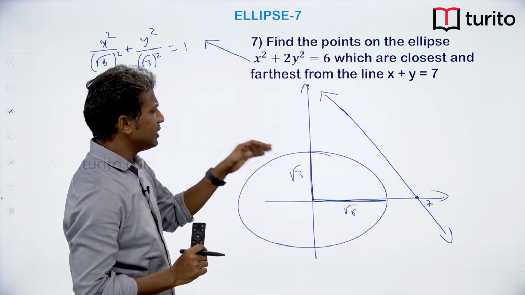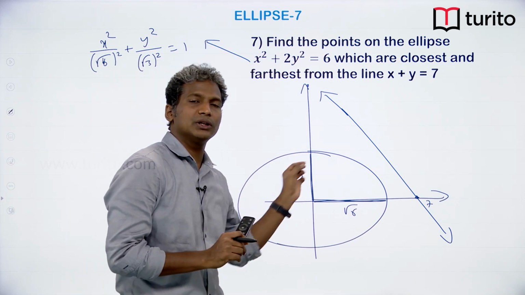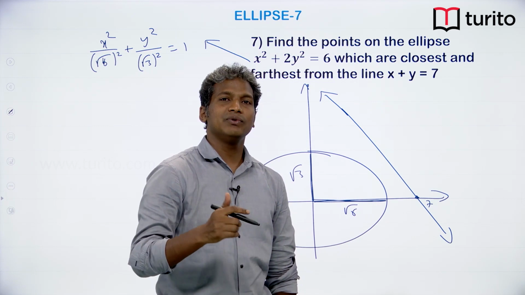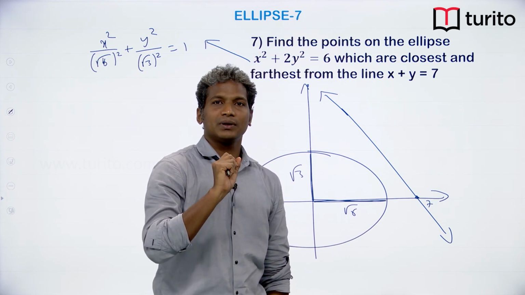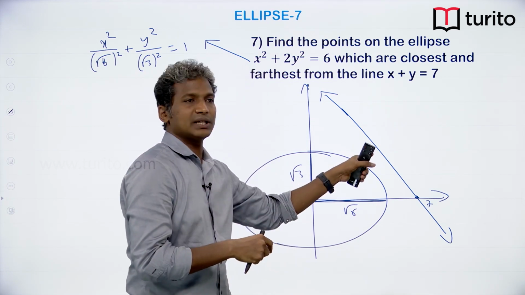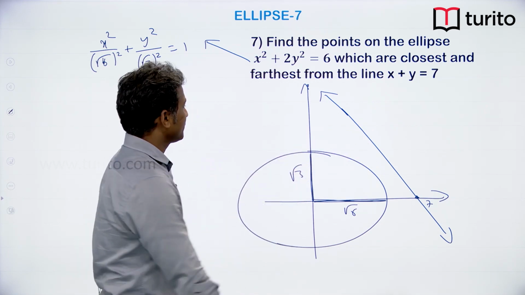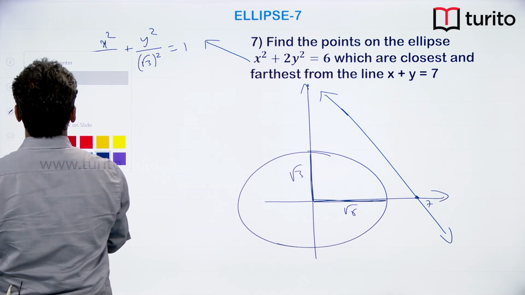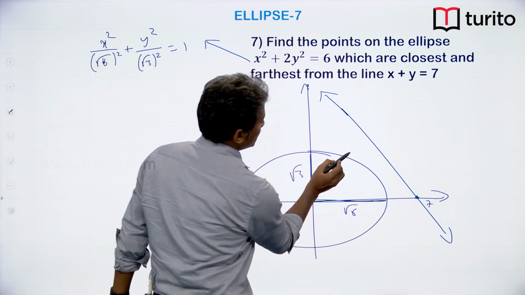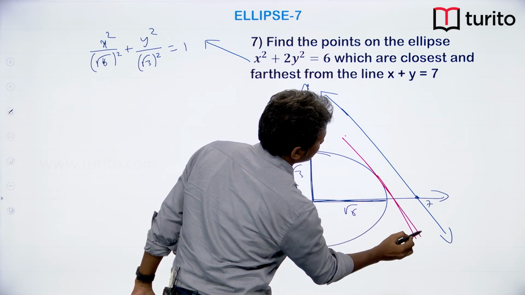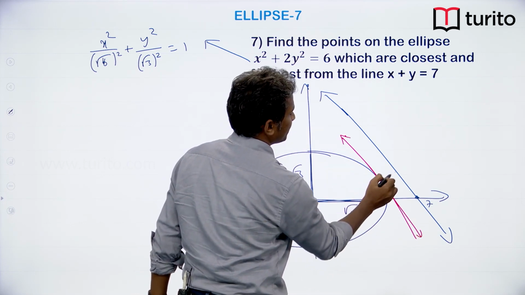Now to find the minimum distance of any point on the curve with respect to any line, what is the idea? We have to look for a tangent to the ellipse which is parallel to this line. Okay. So here if you observe, there will be one tangent here which will be parallel to this line. Okay.